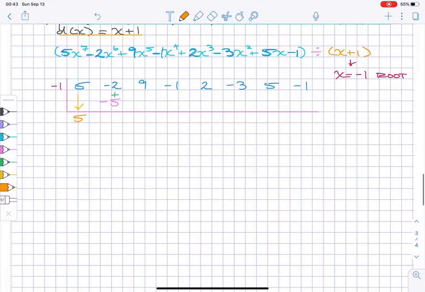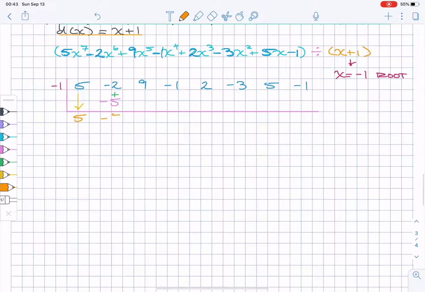So negative 2 plus negative 5 is negative 7. Then I'm going to start again. I'm going to take this negative 7 and multiply it by negative 1, giving me a positive 7. Then I'm going to add the entries in this column together. 9 and 7 is going to be 16.